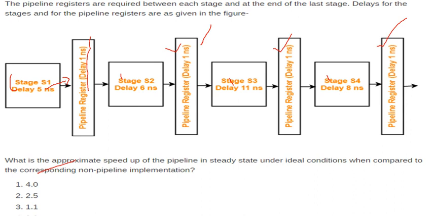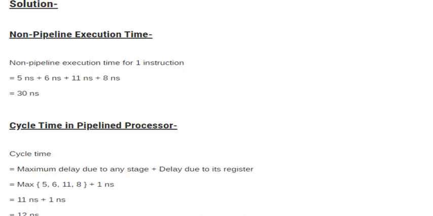Now we will discuss the solution. As we have gone through the numerical, we found that we have to calculate the speed up. And what is the speed up? Speed up is basically non-pipeline execution time upon pipeline execution time. So what will be the non-pipeline execution time?